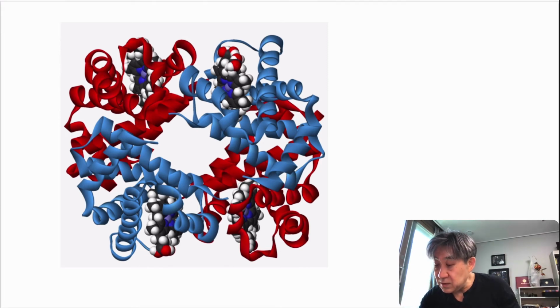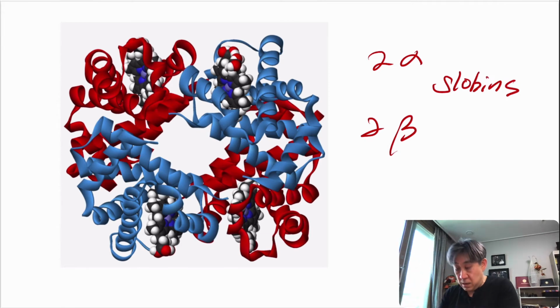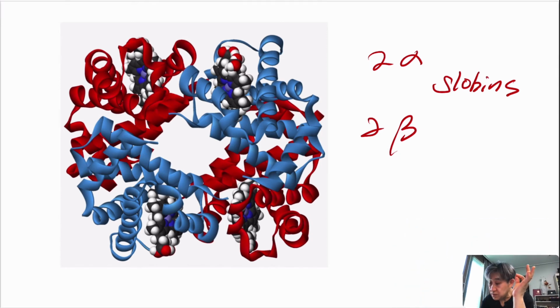Maybe these two blue proteins are the alpha protein, and these two red proteins are the beta protein. Anyway, two alpha and two beta globins are the ones making up this single functional unit of hemoglobin.